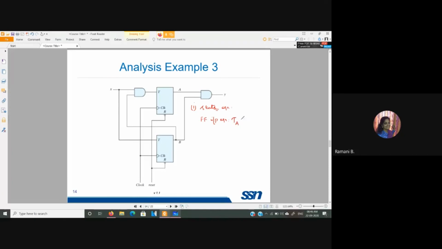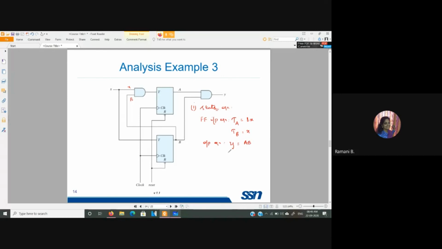So TA is equal to B x, and TB is X. And the output equation is Y equal to AB.